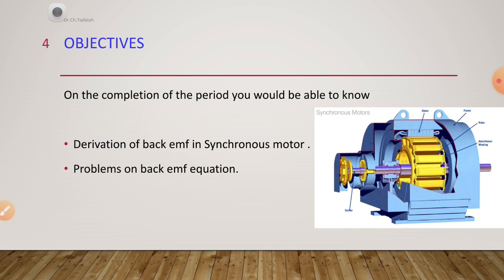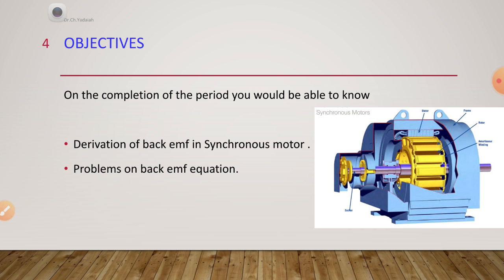We have discussed this in the previous class. At the same time, we analyzed that IA, the armature current, is equal to the applied voltage V minus the induced back EMF EB, divided by ZS, where ZS is the synchronous impedance, the vector sum of RA plus j XS.